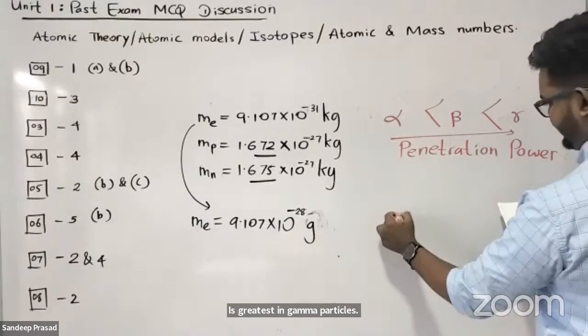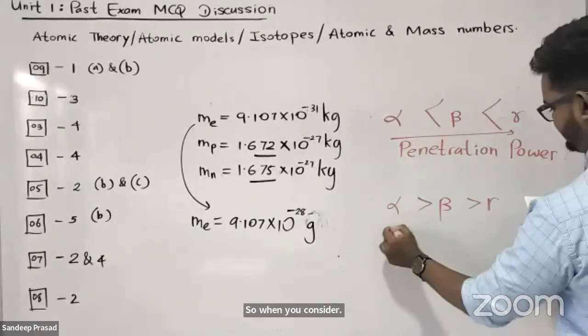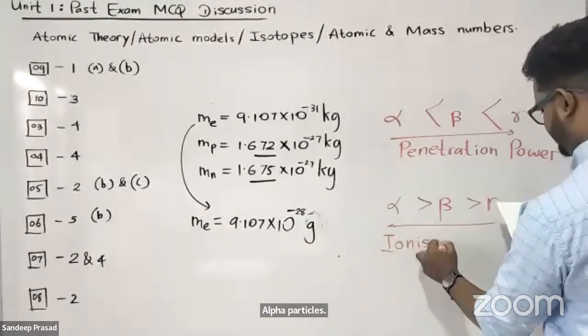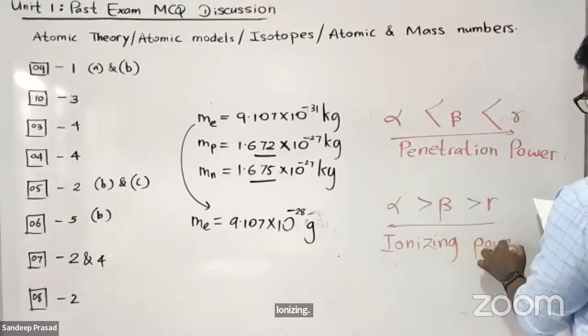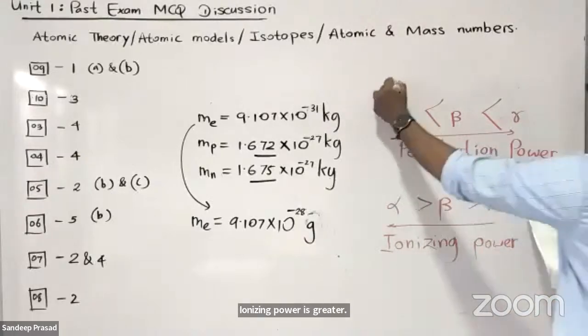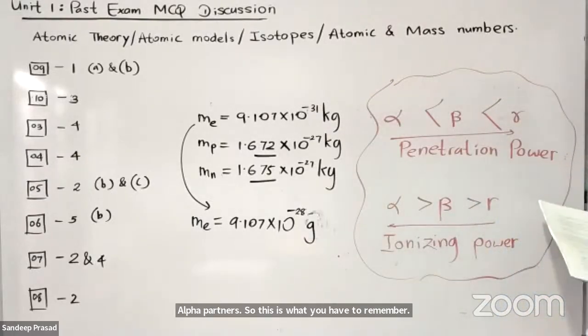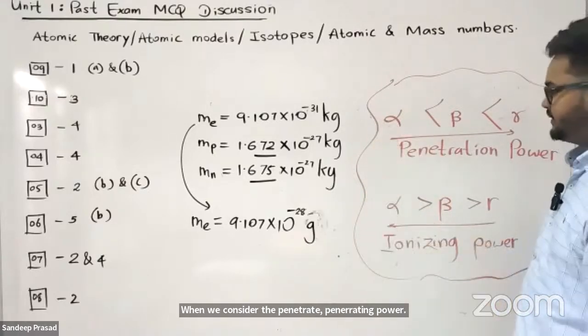When you consider ionizing power, it is greatest in alpha particles, right? Ionizing power is greatest in alpha particles. So this is what you have to remember. When we consider the penetrating power, alpha particles can be stopped by a piece of paper.